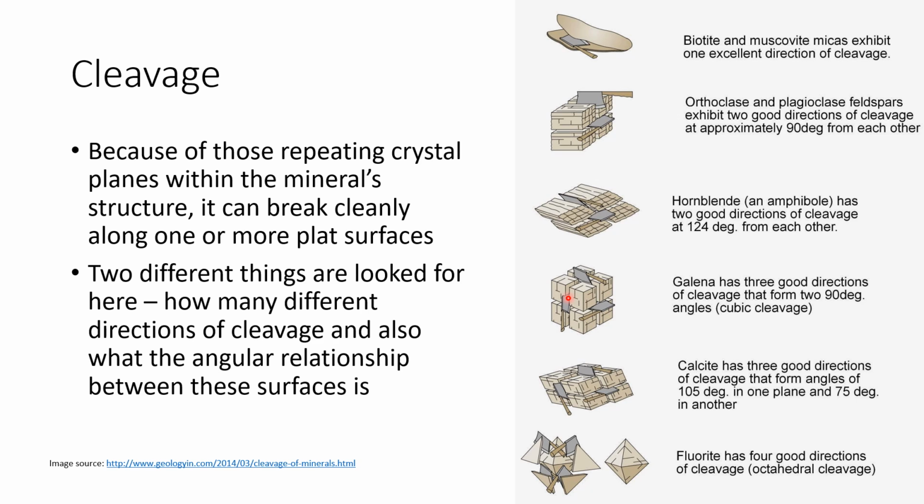One other thing I want to mention is in the case of something like quartz. We'll get to this later, but quartz is a tectosilicate, meaning that all it has is SiO2s, and they are in this complex three-dimensional web stuck together. Because of that complex three-dimensional web, there is no certain plane of weakness.